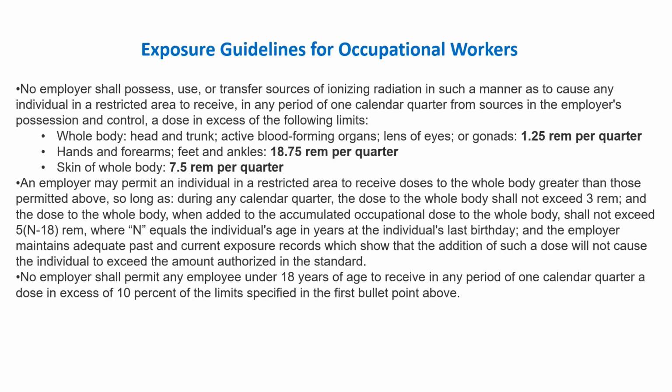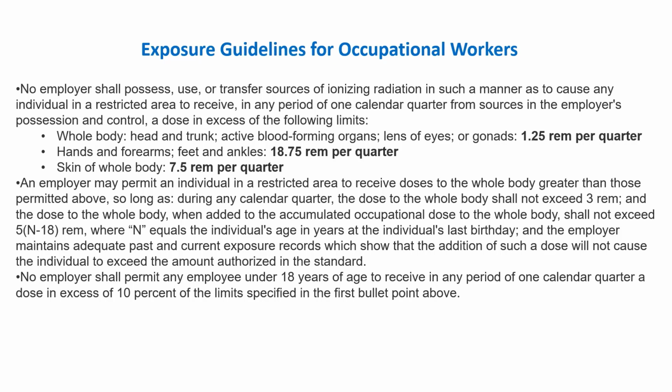An employer may permit an individual in a restricted area to receive doses to the whole body greater than those permitted above, so long as during any calendar quarter the dose to the whole body shall not exceed 3 rems, and the dose to the whole body shall not exceed 5 times the age minus 18 rems.